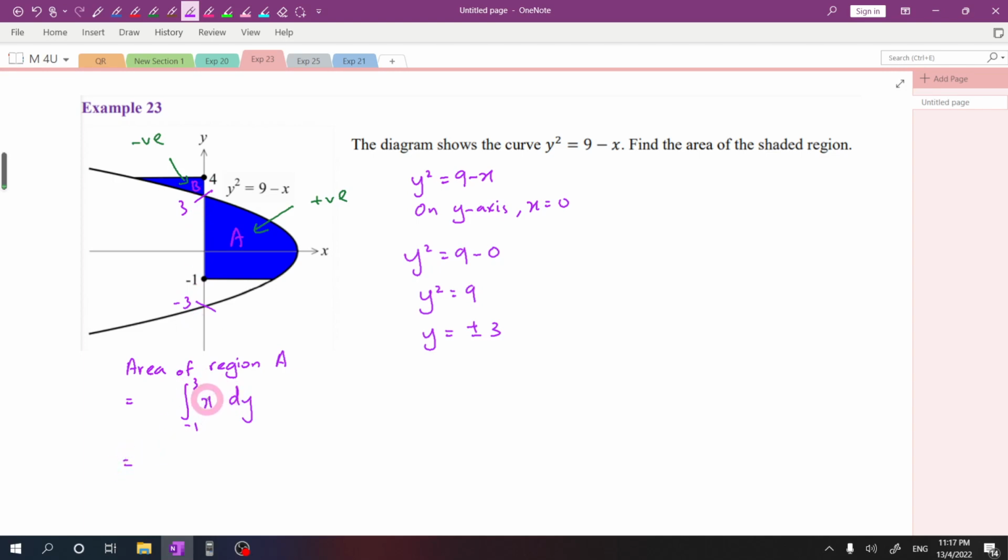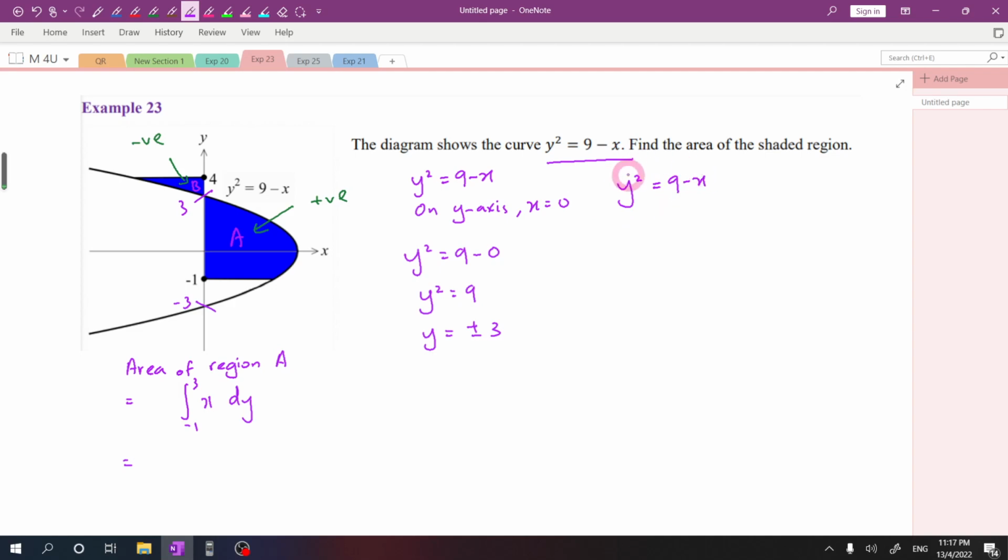Again, we don't have x. The function here is actually y squared is equal to 9 minus x, so we want to change the subject to become x. Express x in terms of y. y squared is equal to 9 minus x.